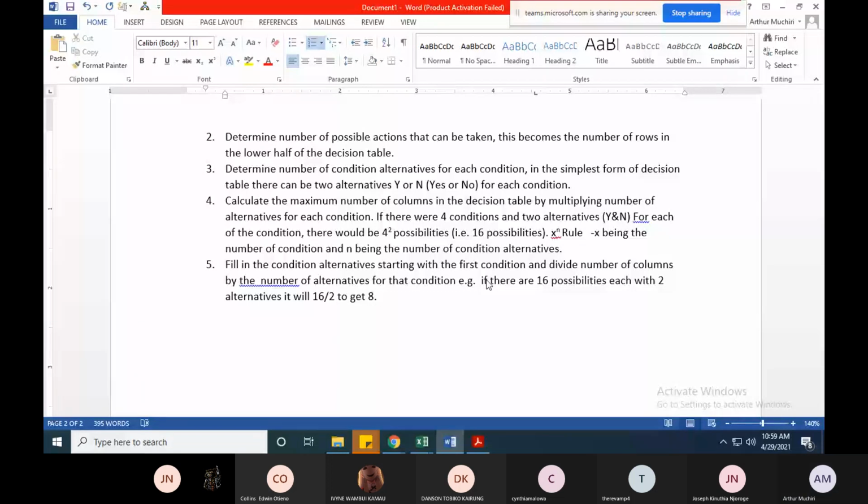Then choose one of the alternatives, for example Y, and write it in the first 8 columns.